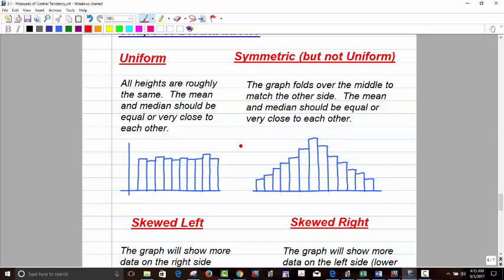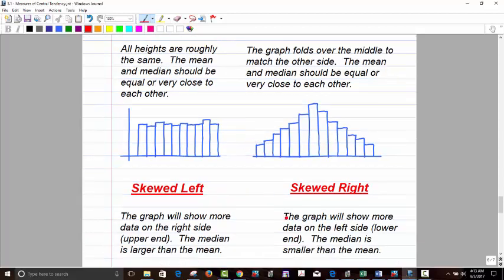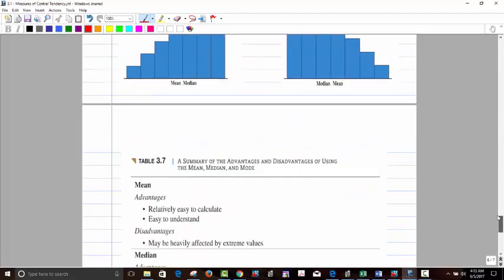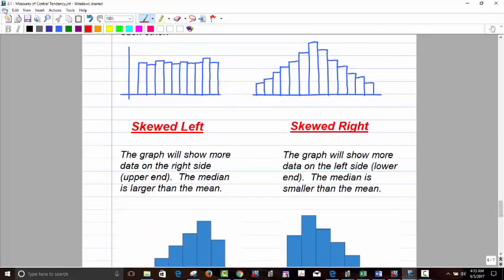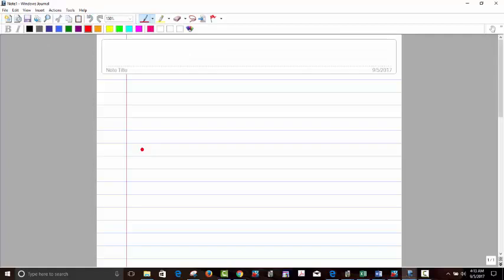The frequencies symmetric on each side would be about the same, and then it wouldn't really matter. In fact, this histogram could have the bars sticking up. There's lots of ways to make a histogram.